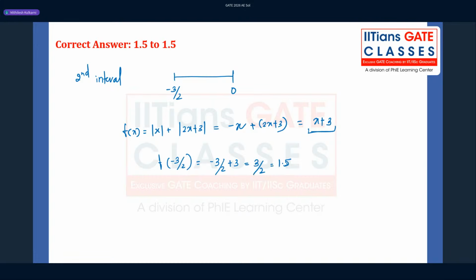Correct? So it's again an increasing function in the range minus 3 by 2 to 0, with a minimum value of 1.5, and the maximum value will be 3. So it will increase from 1.5 to 3. I hope you are following. So the minimum value in the range minus 3 by 2 to 0 is 1.5.